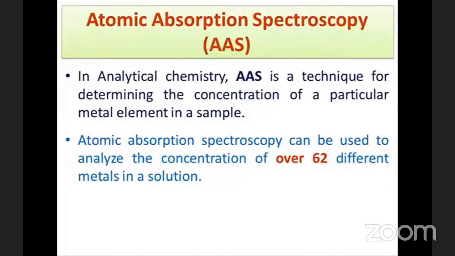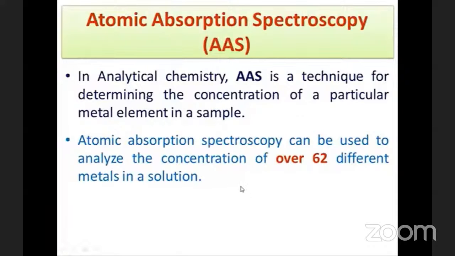This important method was discovered by Sir Alan Walsh in 1955. In analytical chemistry, it is a very important technique for determining the concentration of a particular metal element in the sample.